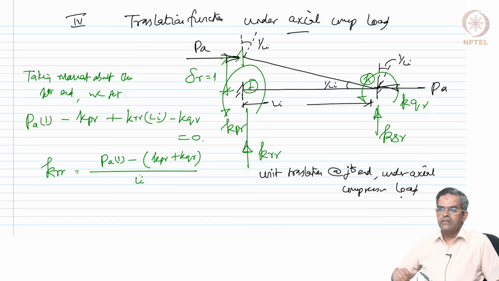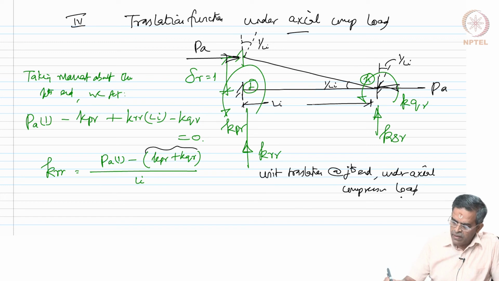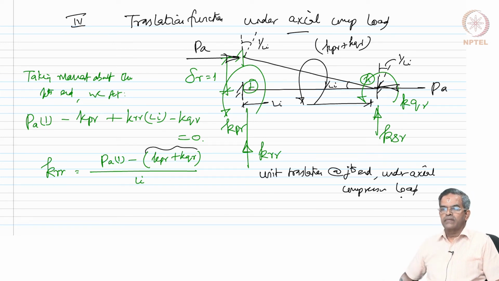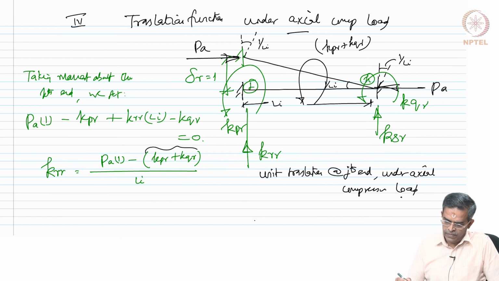What is this actually? Very clear. This is the unbalanced moment in this section, right? So, let us remember this. We call this equation number 5A, 5B, let us call this 6A and 6B.